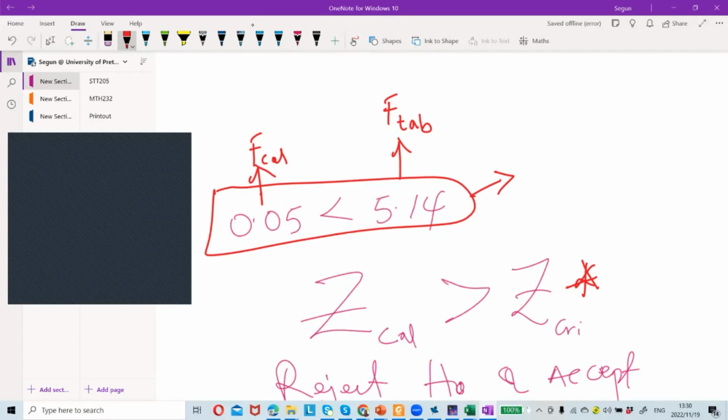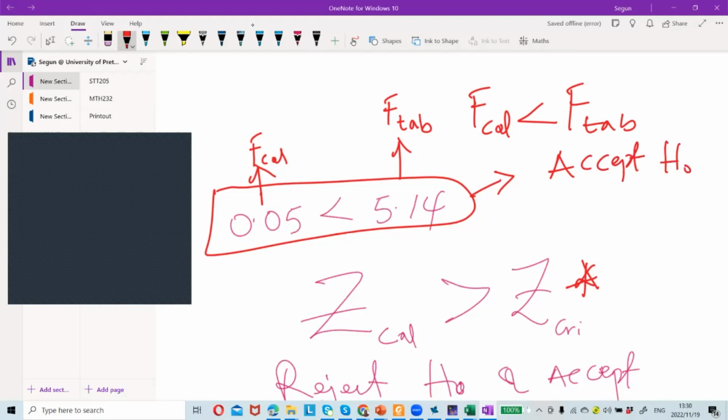Okay, so whenever you have F calculated less than F tabulated, you accept H naught, and reject HA. Is that what you are saying?